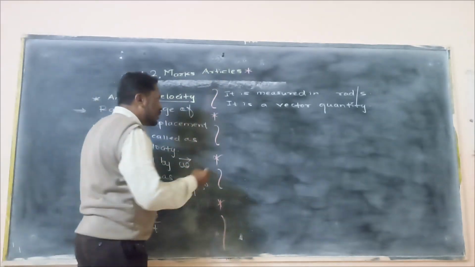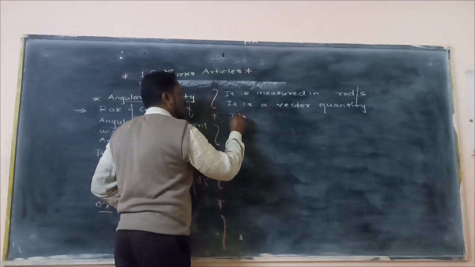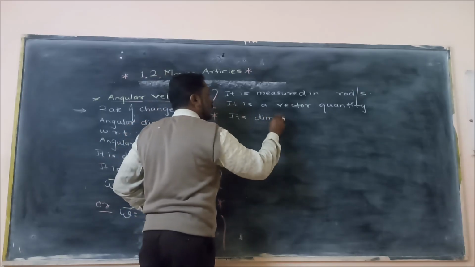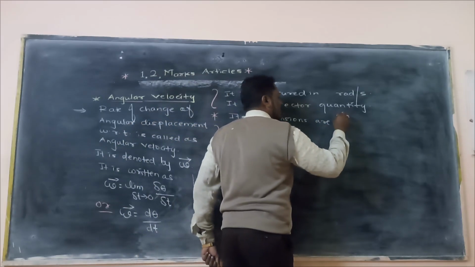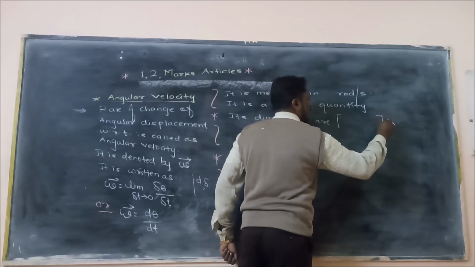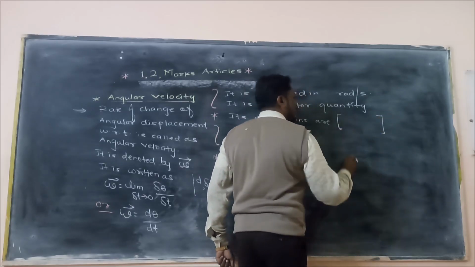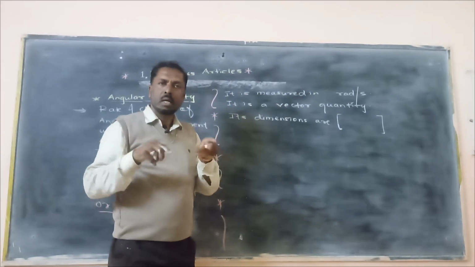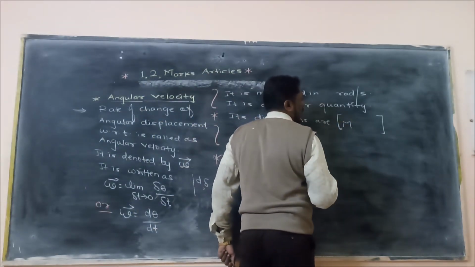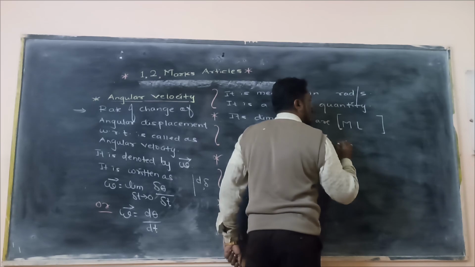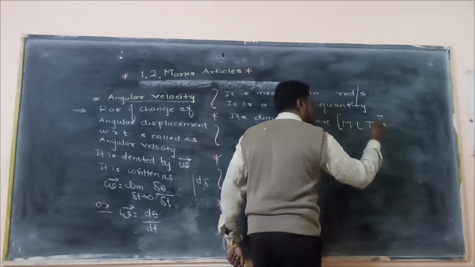What are its dimensions? Its dimensions are written in square brackets in the form of MLT. M stands for mass, L stands for length, T stands for time.